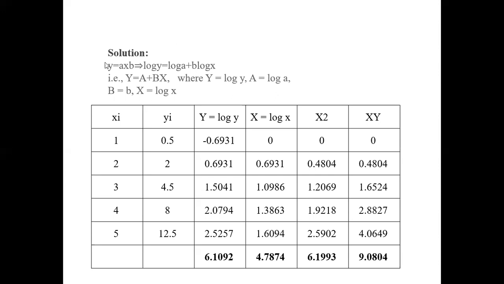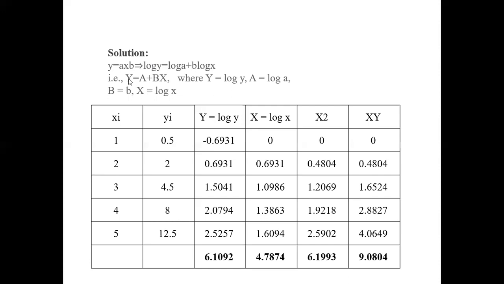Suppose the given equation is y is equal to a x raised to b. Apply log on both sides. Then log y is equal to log a plus b log x.